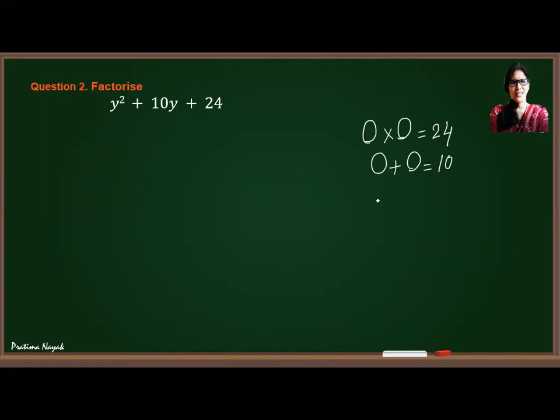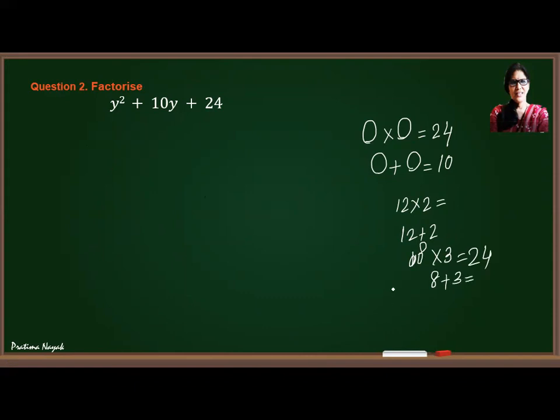So it will be either 24 into 1, no. 12 into 2, 12 plus 2, is it 10? No. 10 cannot be there. Then next think of 8. 8 into 3 is 24, and 8 plus 3 is 11, not 10.